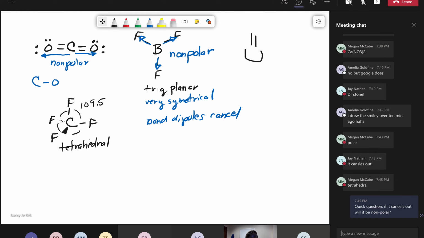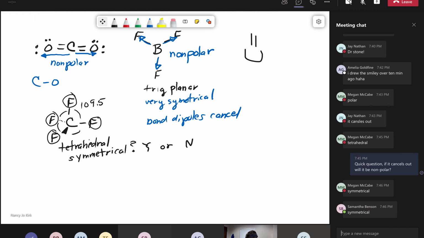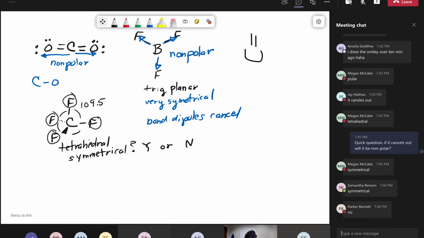I know my artwork is atrocious, but do you think this tetrahedral molecule with 4 identical atoms on the outside is symmetrical, yes or no? You can answer, it's a 50% chance you get it right. It actually is a yes.